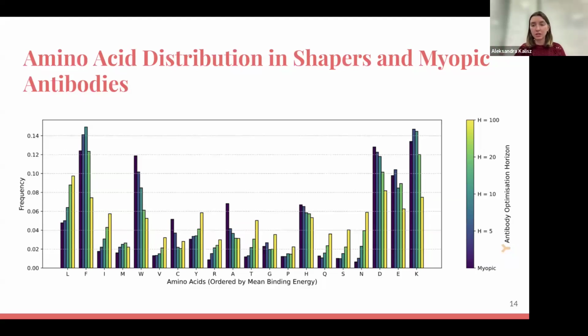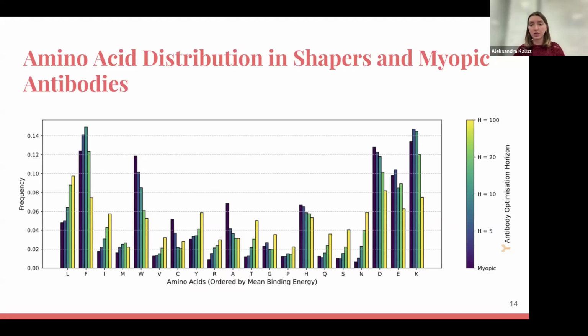Here again, you can see the antibodies all the way from myopic to Horizon 100 shapers. And you can see this trend that the Horizon 100 shapers have a more uniform distribution. All of these yellow bars approach a more uniform distribution amongst all of these possible amino acids.